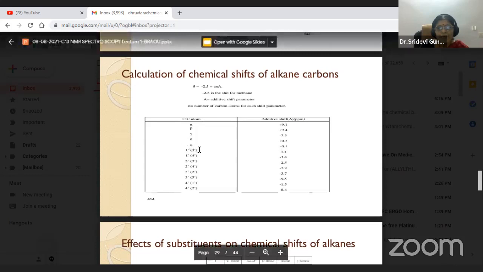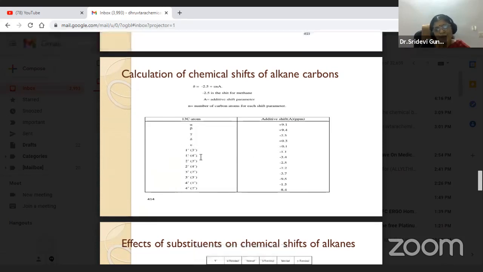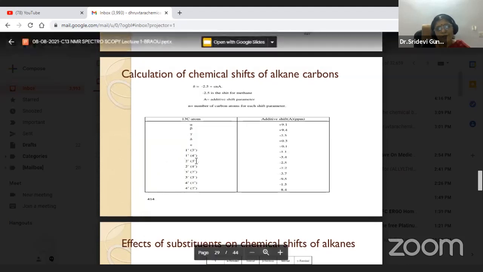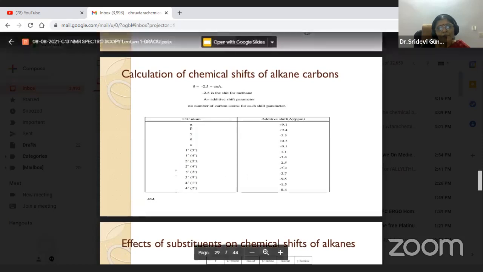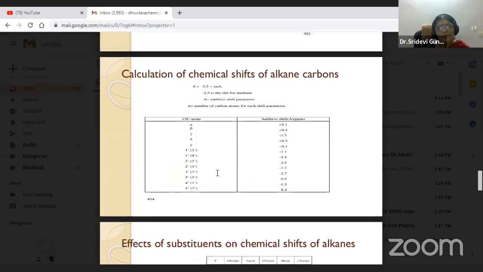And if it is a primary carbon attached to tertiary carbon, minus 1.1. Primary carbon attached to quaternary carbon, minus 3.4. Secondary carbon attached to tertiary carbon, minus 2.5. Secondary carbon attached to quaternary carbon, minus 7.2. Tertiary carbon attached to secondary carbon, 3.7.